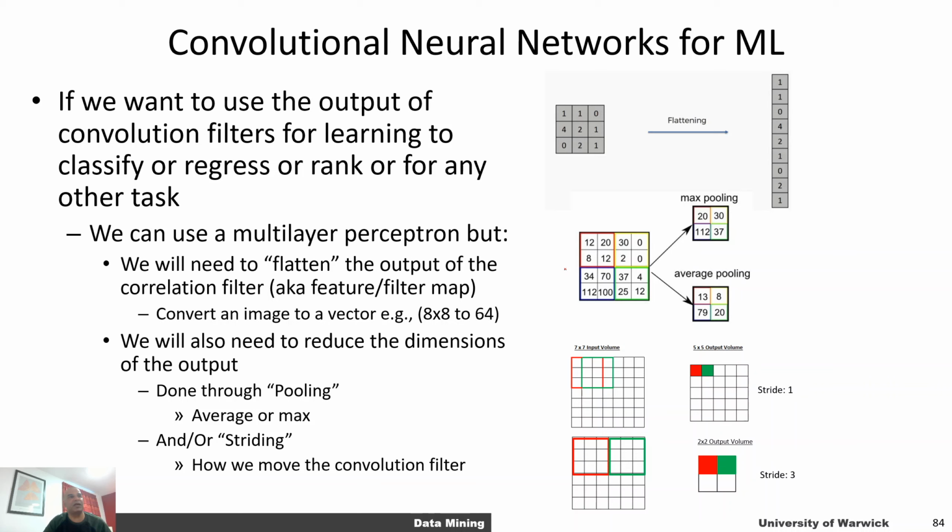The way we achieve that is that we can reduce the size of the output of the convolution filter part through either pooling, which I'm going to explain, or by striding, which we've already talked about.